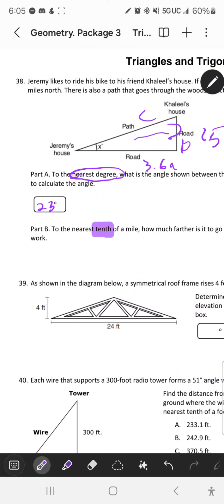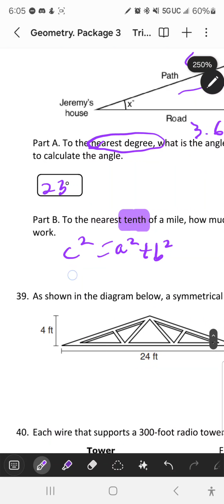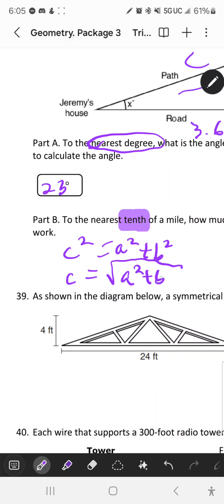Hypotenuse squared is equal to side 1 squared plus side 2 squared. The hypotenuse is the one that's special. So I will say C squared equals A squared plus B squared. I'm looking for the hypotenuse, the big line, so that's C. The side I'm looking for is equal to the square root of A squared plus B squared.